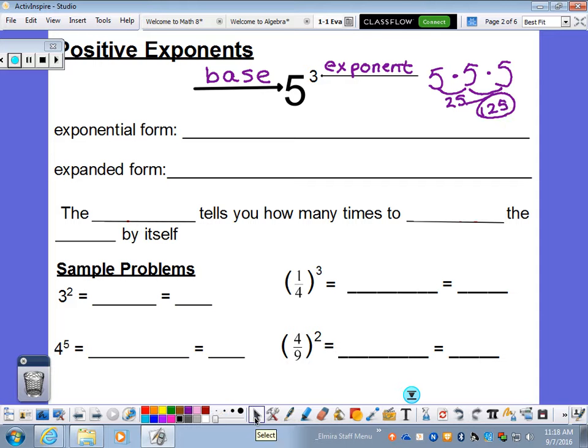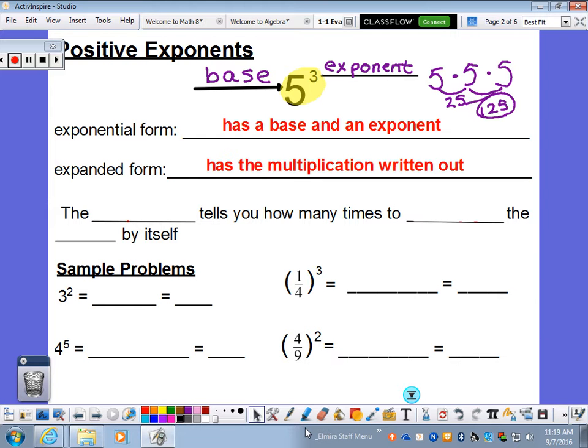Okay, exponential form is what you see right above that. Exponential form is this right here, where you have a base and you have an exponent. Expanded form is where I wrote it out, right here.